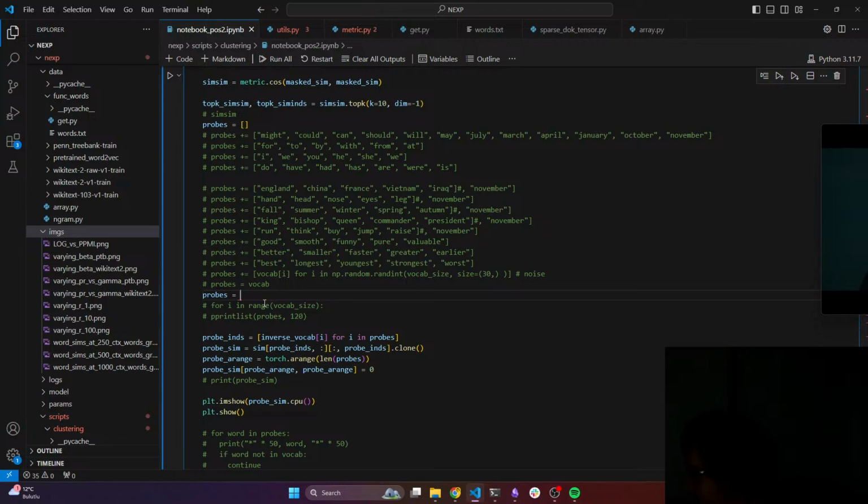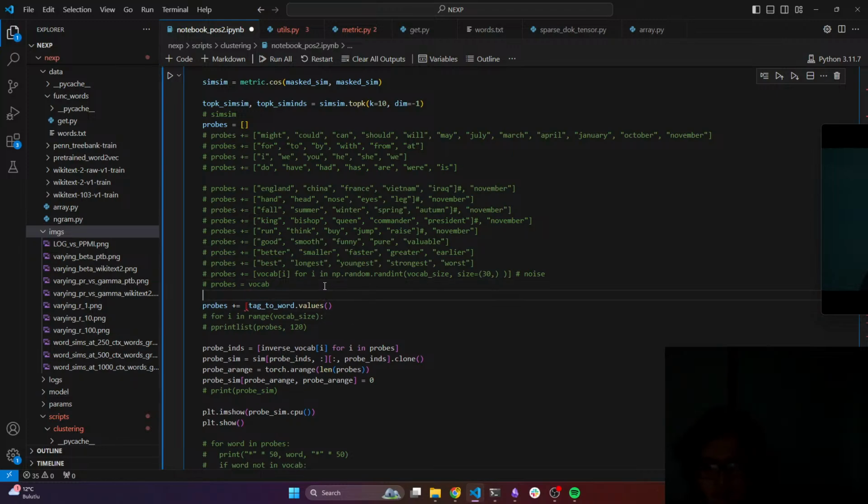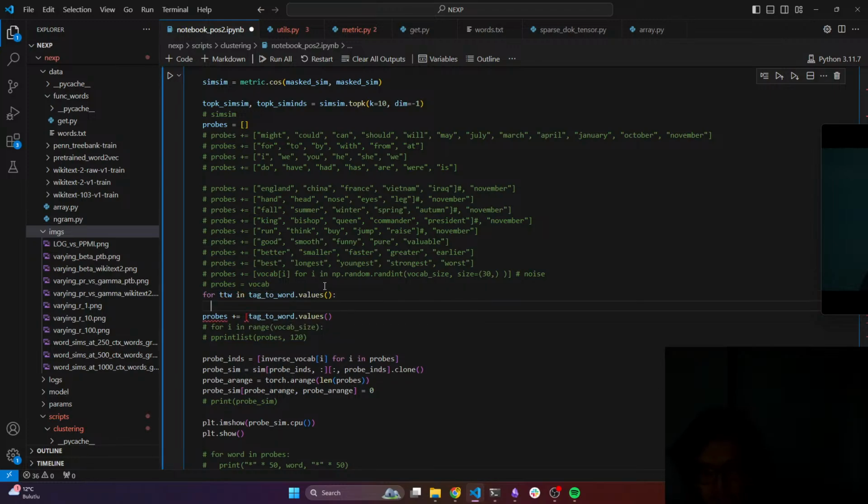Well, I could just do tag to word dot values, for ttw in rows plus equals ttw dot list.